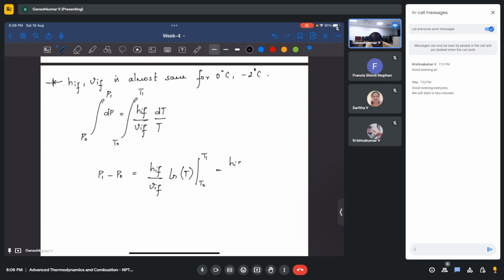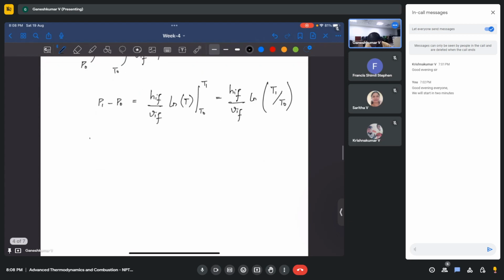So we can rewrite it as Hif by Vif ln of T1 by T0, right? So P1 can be written as P0 plus Hif by Vif ln of T1 by T0. So basically dP by dT we need not find, it's of no use for us.